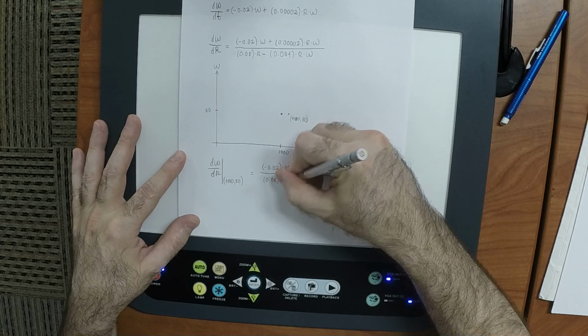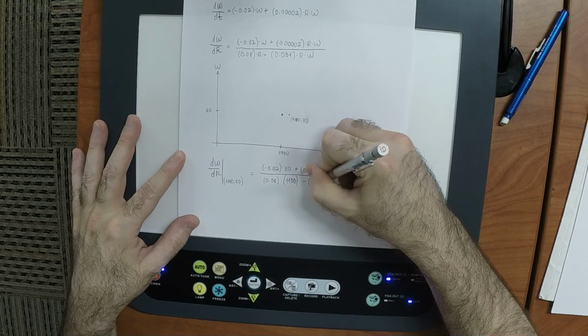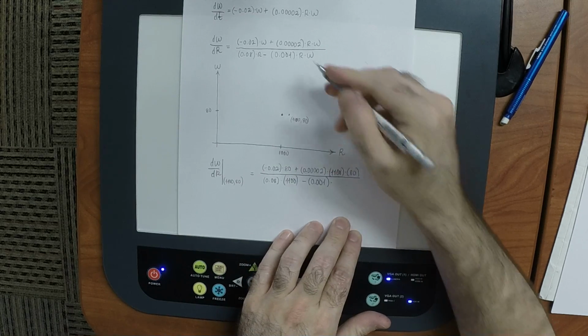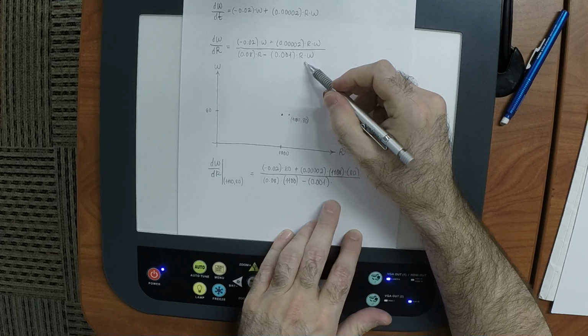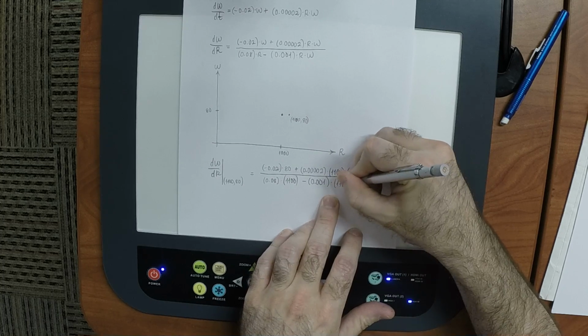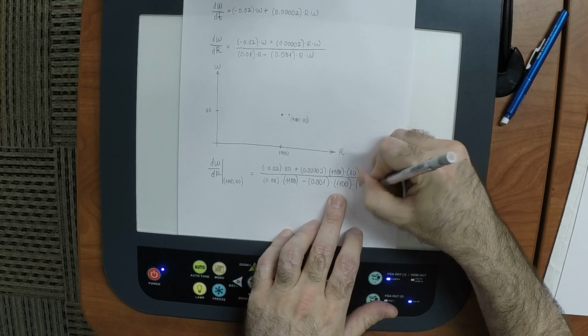R and then RW. So R is 1100, W is 80. All right.